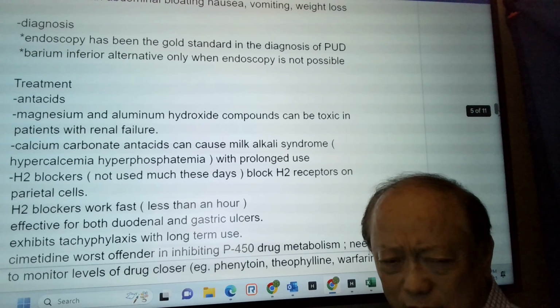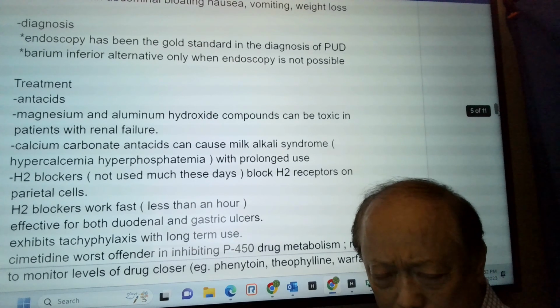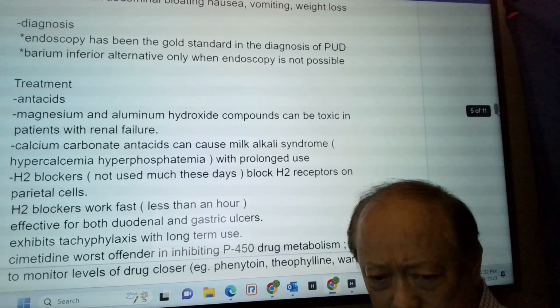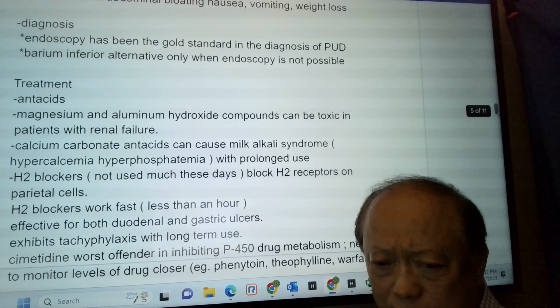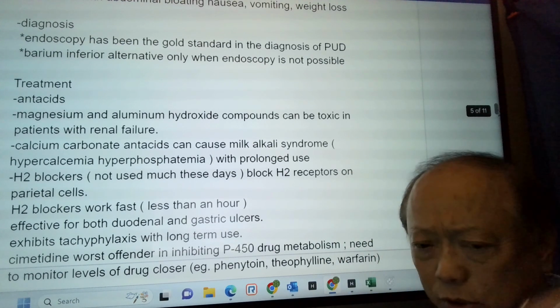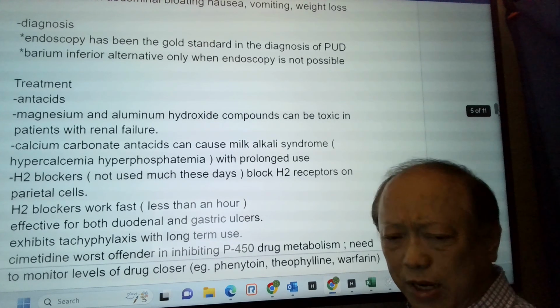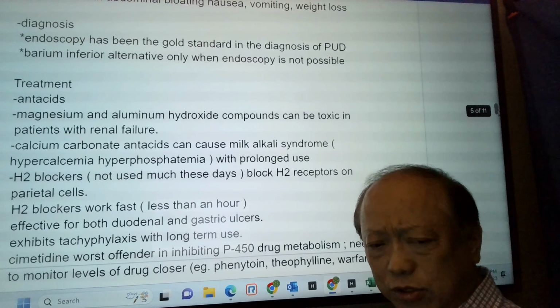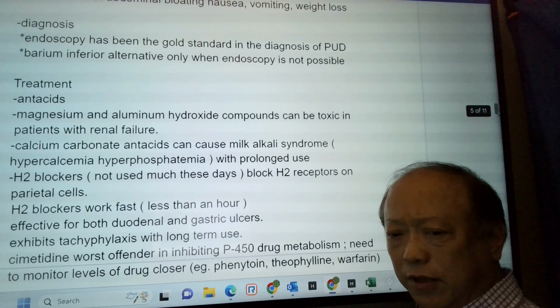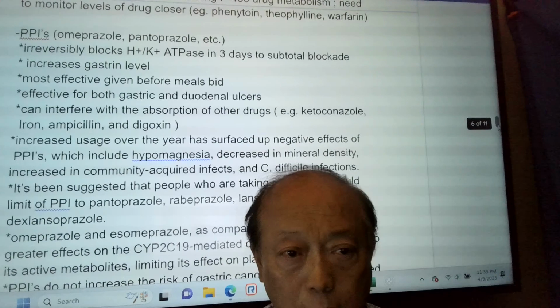Occasionally, the association is that it can cause gynecomastia, which is why cimetidine is seldom used nowadays. This may be a board favorite: cimetidine can alter the levels of which drugs? Phenytoin, theophylline, and warfarin.